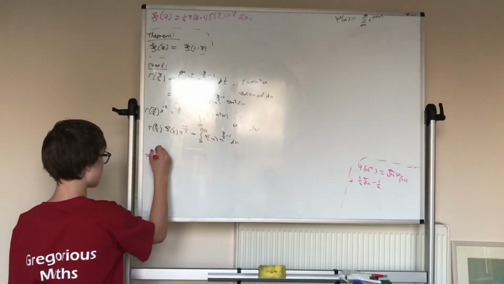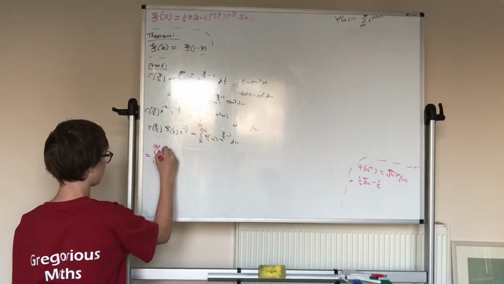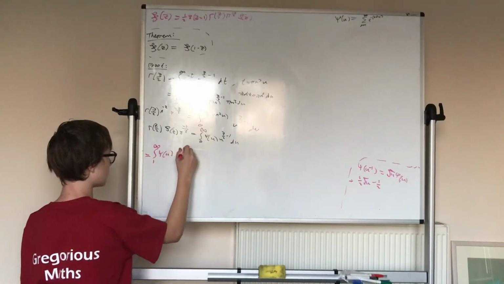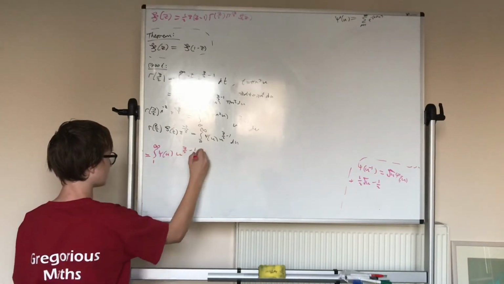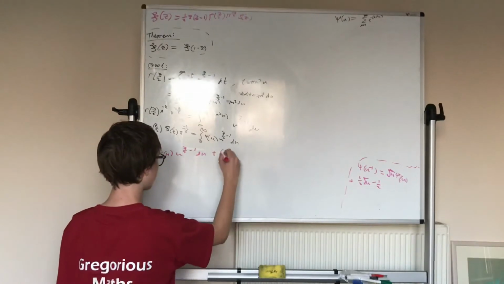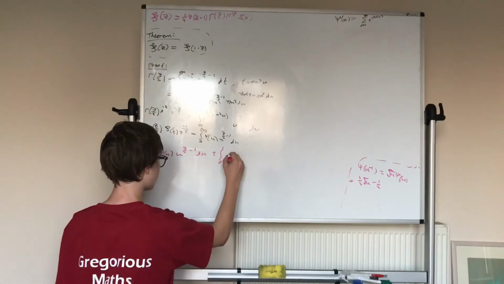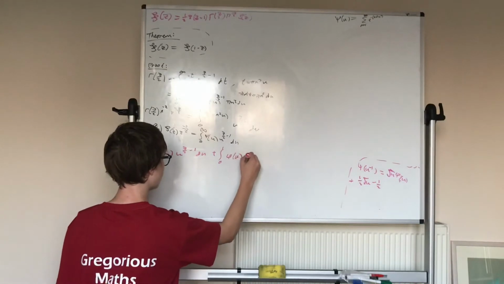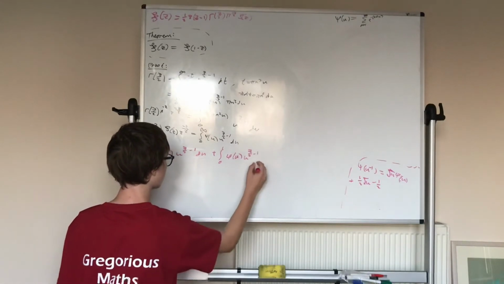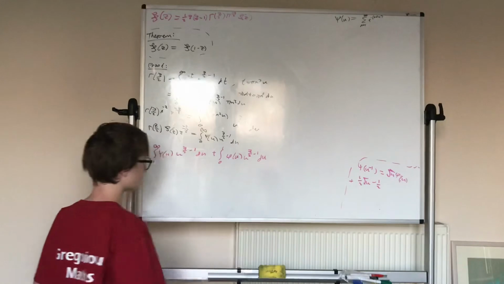This equals the integral between 1 and infinity of c of u to the z over 2 minus 1 du, plus the integral between 0 and 1 of c of u to the z over 2 minus 1 du.